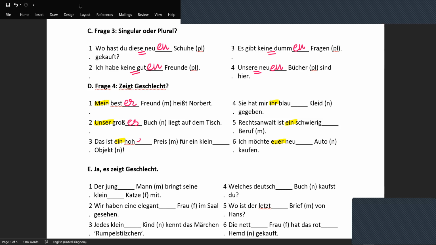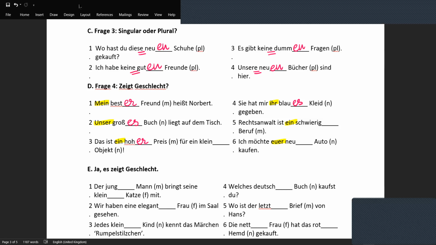And again, nominative masculine, ER for the masculine noun. Okay, then go to the next one here. It's dative neutral. It's en. Oh, sorry, es. That is correct. Blaues Kleid.